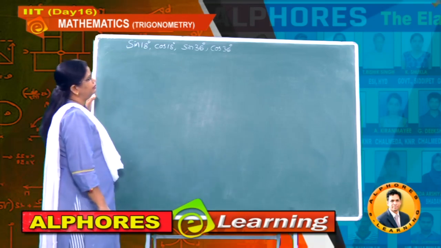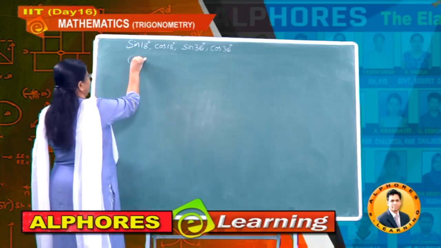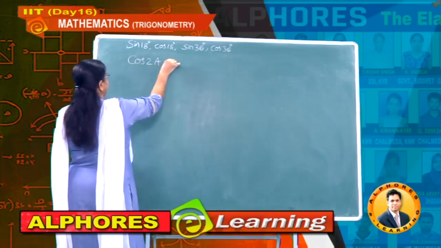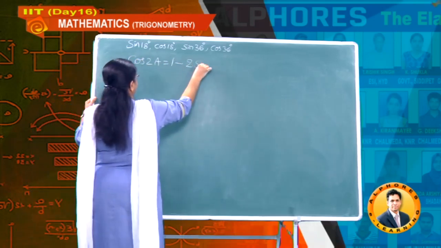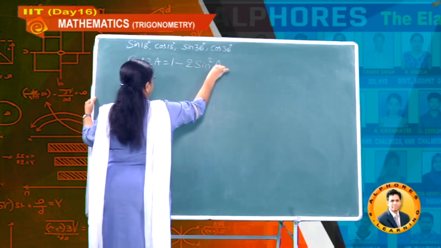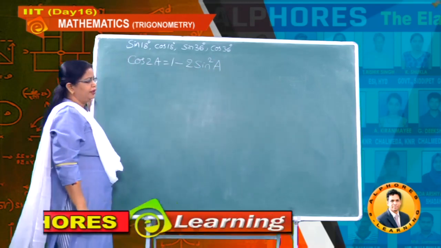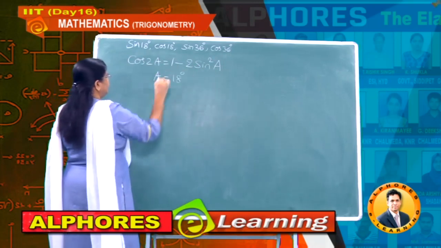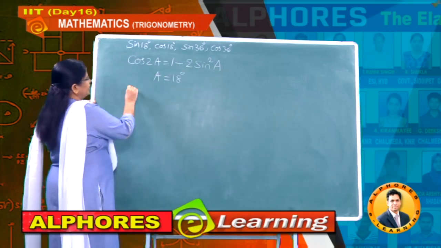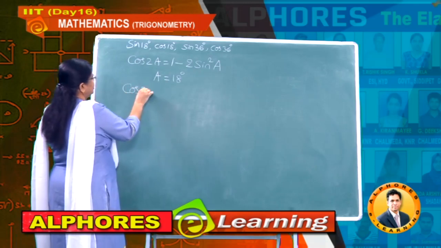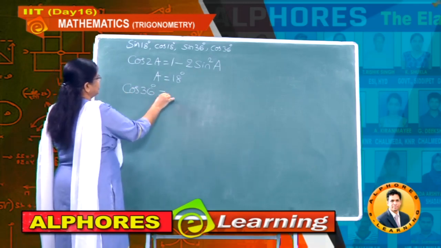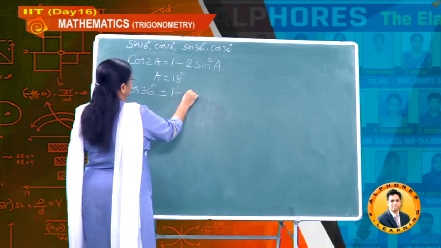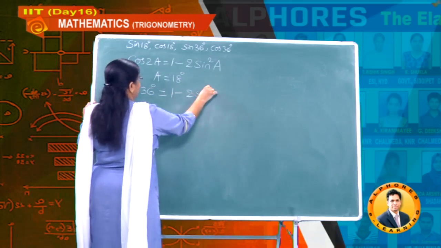Now, you have a formula, that is cos 2a equal to how much it is? 1 minus 2 sin square a. Okay students. So, this is the formula you are having. Now, let us take here a equal to 18 degrees. Okay. So, if I am taking a as 18 degrees, then this is how much? Cos 36 degrees equal to 1 minus 2 sin square 18 degrees.